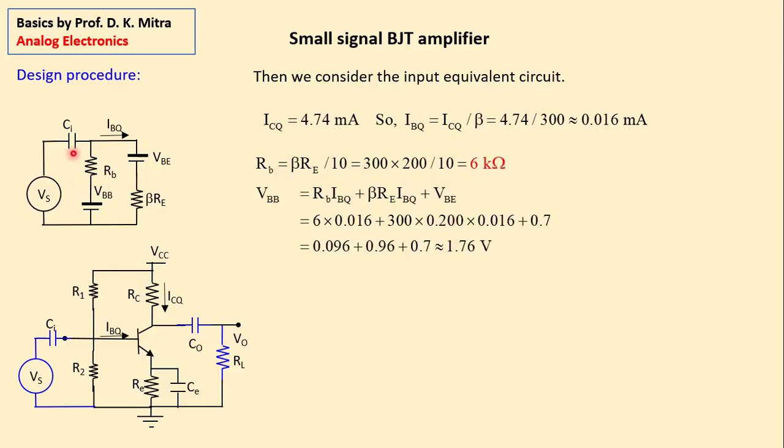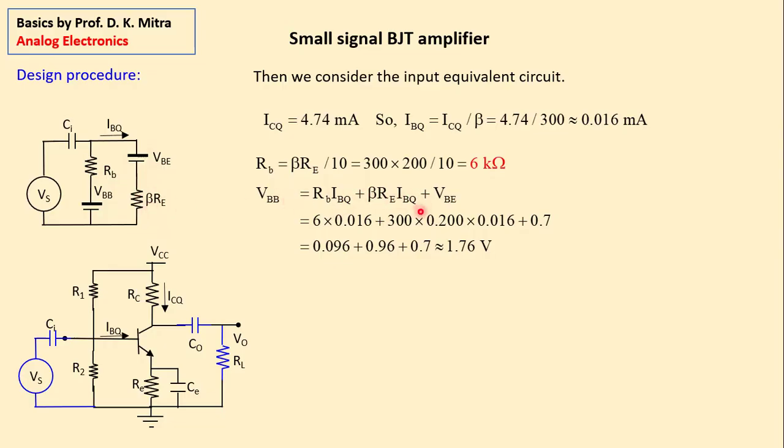Then what is VBB? Now look at this circuit. VBB equals RB IBQ, this current, plus this reverse voltage VBE, plus the current flowing through this, beta RE into IBQ.